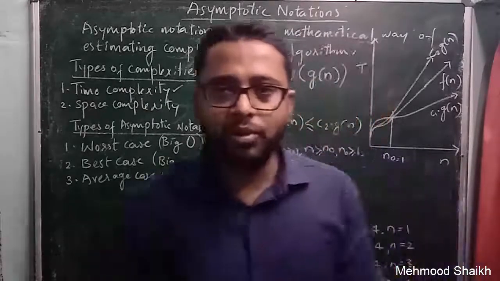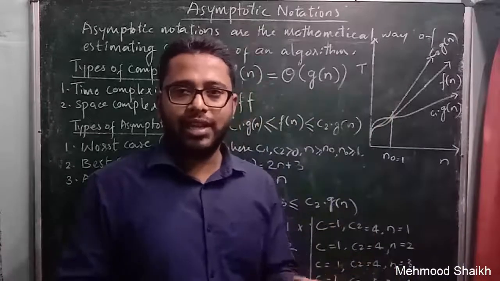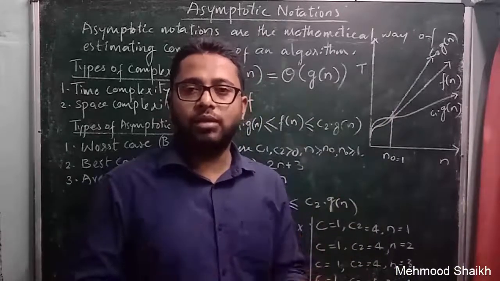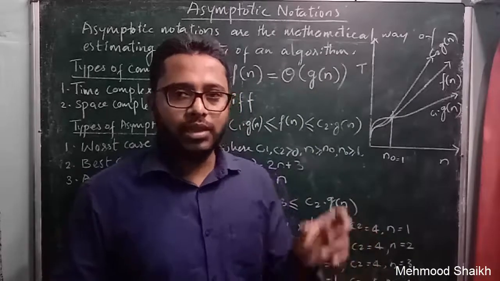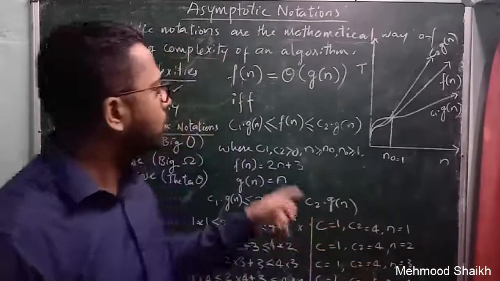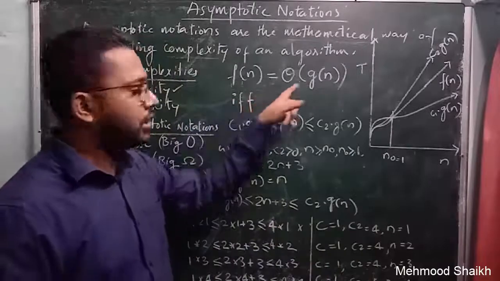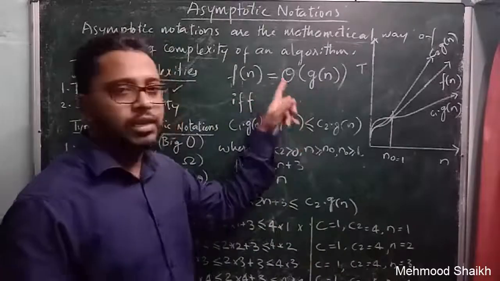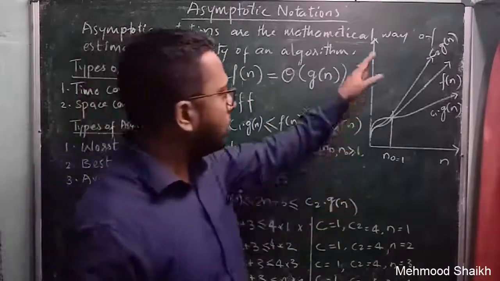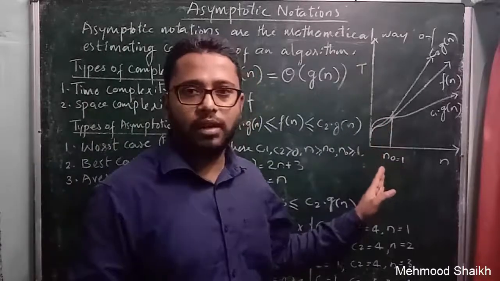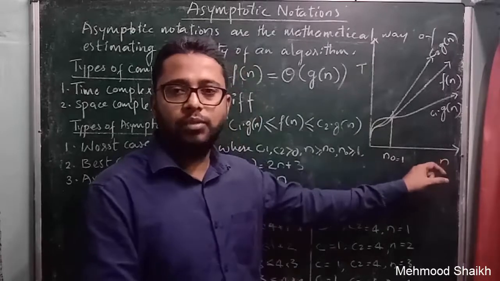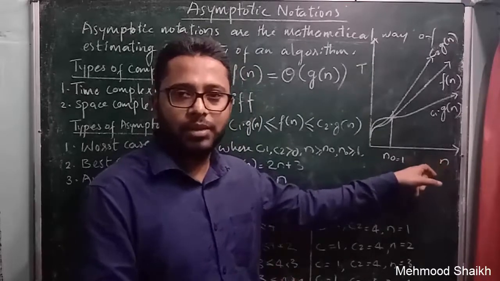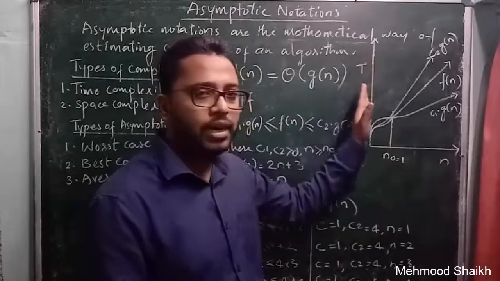I hope you have understood what the average case scenario is, where we try to find out the average time required for an algorithm to execute itself. That behavior we are trying to depict with the help of this mathematical expression using the theta notation. Here you can see I have plotted a graph where on the x-axis I have taken the number of input size or the number of steps, and on the y-axis I have taken the time.